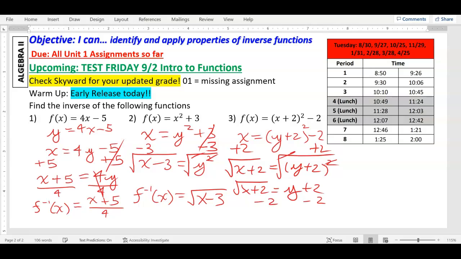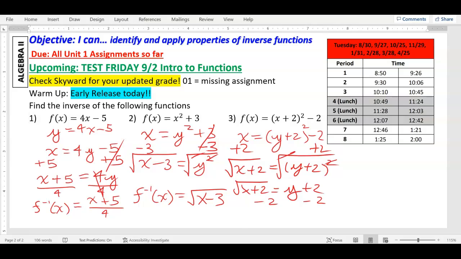Now, hit the brakes. This minus 2 is not going to mess with this plus 2 under the square root sign. Okay. This is like inside of something. This minus 2 is going to go after it. And that's the weirdest part about this, okay? These can't actually do anything, kind of like the x minus 2 is x minus 2. Okay, so here's how you're going to write it.